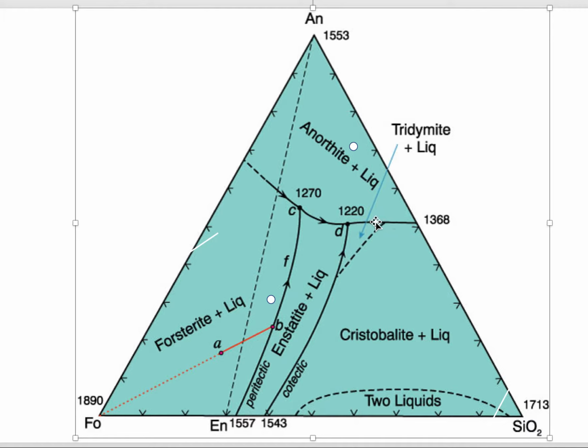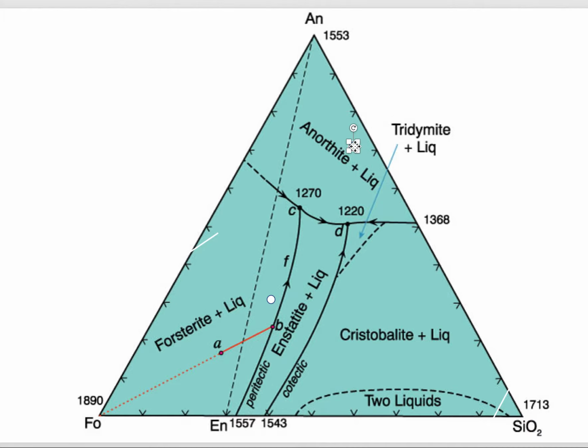That cristobalite would convert to tridymite as it crosses that dashed boundary. And by the time we get here, that's when enstatite would join the club. And again, just like in the ternary eutectic system, we would have a liquid that would precipitate out all three minerals at constant temperature until all of the liquid is gone.